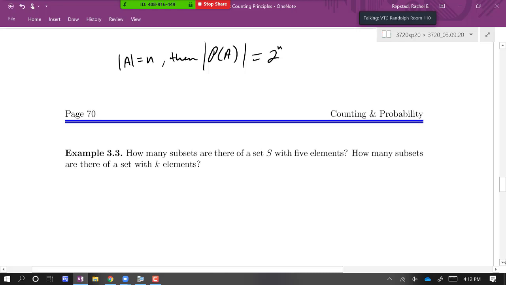So we have a set S with 5 elements. Let's suppose, I'm going to list them. S consists of the elements A1, A2, A3, A4, A5.